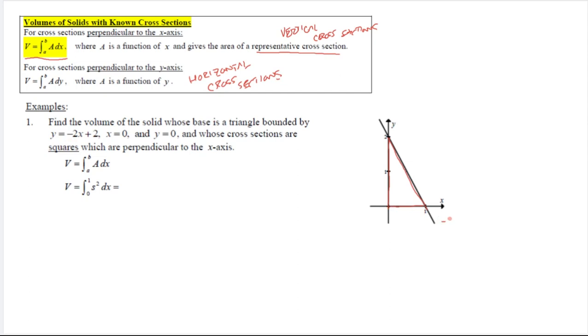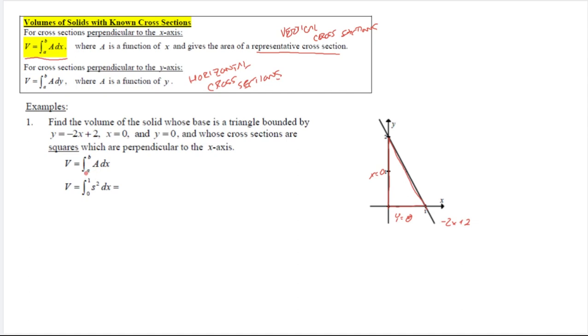That's going to be this right here. The second one is x equals 0. This is this side right here. Basically, it's our y-axis. The other is y equals 0, which is our x-axis. So this triangle has been formed here.